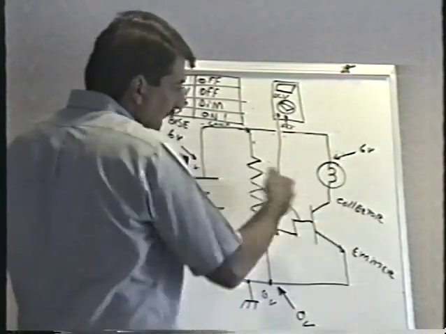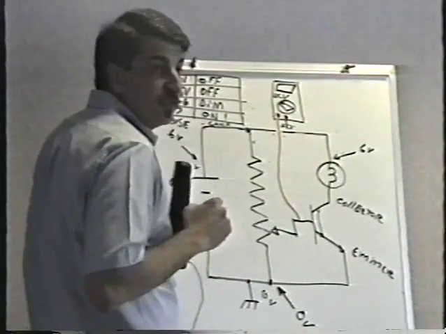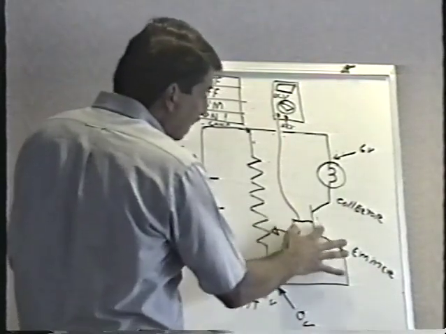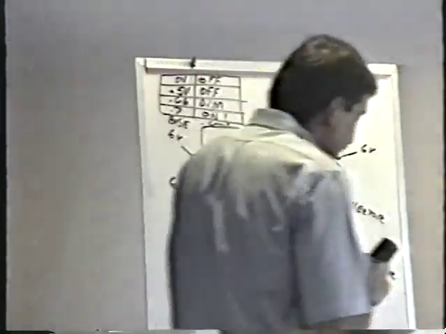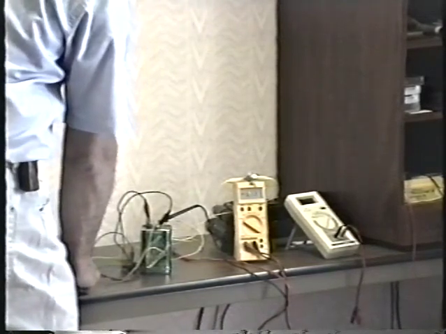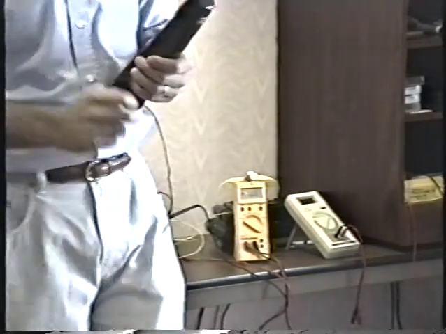It gets lower and lower because when the transistor is turned on completely, there's no resistance there. It's shorted together. So as I make this go a little bit brighter, the resistance is dropping between the collector and emitter until finally there's no resistance at all and the light's on completely.